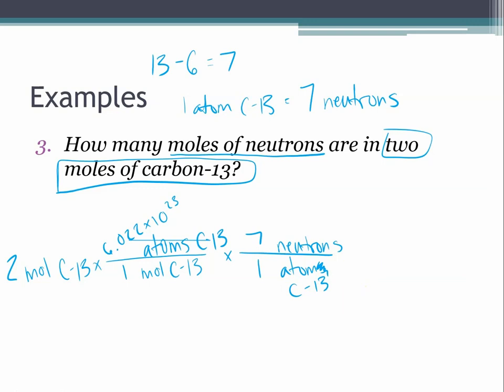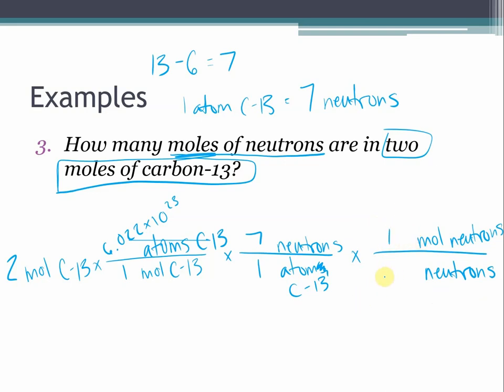But we are not just looking for the number of neutrons, we're looking for moles of neutrons. So we need to do times one more fraction. What goes up must come down, so neutrons will come down. Moles of neutrons will go up. Oops, going to run out of room. And just like anything else, a mole of anything is 6.02 times 10 to the 23rd of that thing.